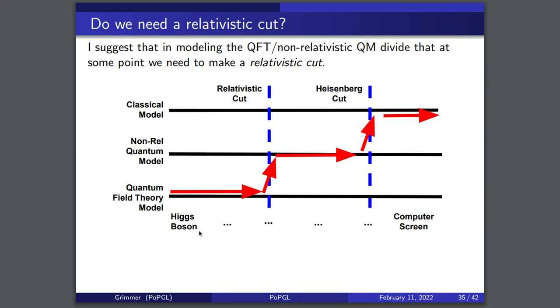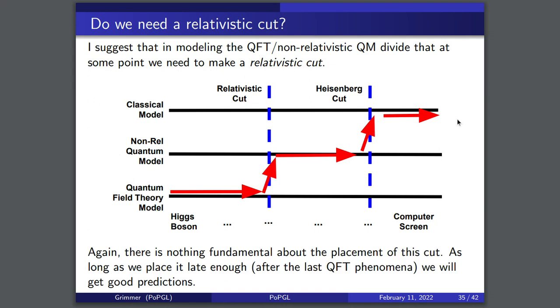So here I'm considering we have the Higgs boson, which interacts with something, and at some point along the measurement chain, we switch to modeling things in a non-relativistic quantum way, and we go on a bit, and then later we'll switch to modeling things in a classical way and end up talking about computer screens and different probabilities of different outcomes there. So again, there's nothing fundamental about where we place this cut, as long as we place it late enough, to the right of the last QFT phenomena, we're going to get good predictions in general.